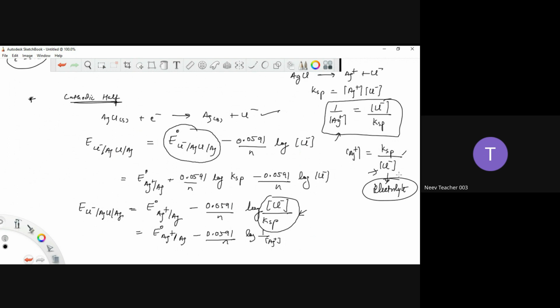Then only it's going to work. Write it down and tell me once you're done. And still, if you face any doubt, do ask. In the galvanic cell, this is the most important section. Okay.